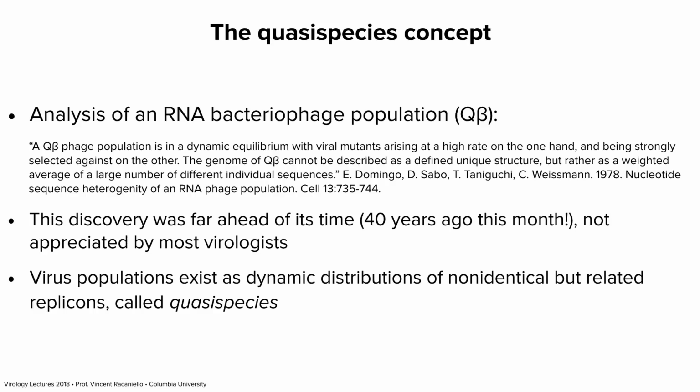But basically, the outcome is that we found for this virus and subsequently for all other viruses, even DNA viruses, that populations exist as non-identical but related replicons. A replicon is simply a replicating nucleic acid. And we call this a quasi-species.